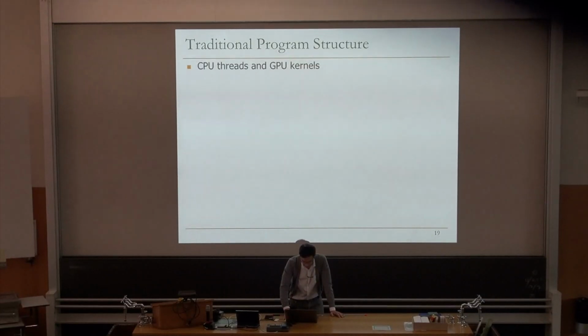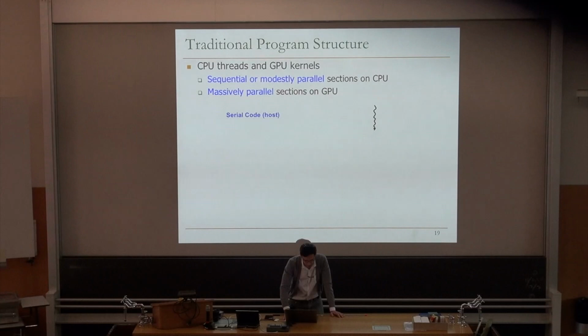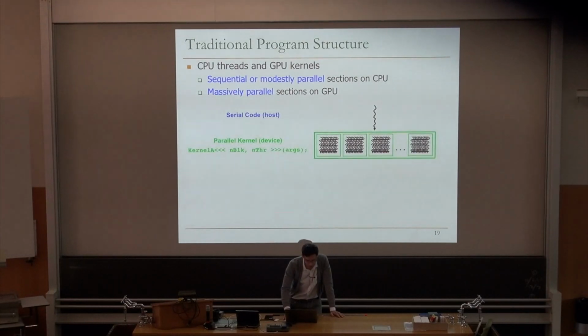And the way that the program is going to be organized is something like this. We will have sequential or modestly parallel parts of the code executing on the CPU, and massively parallel sections executing on the GPU. So it's the way that we organize traditional heterogeneous computing programs.